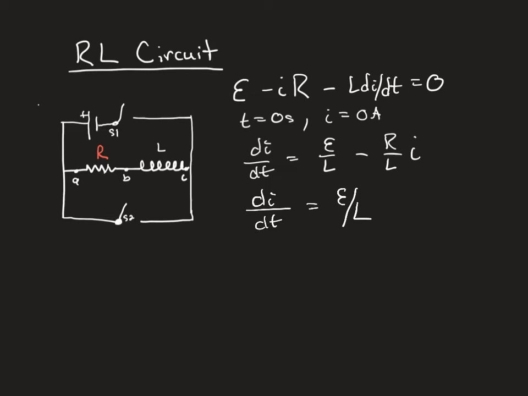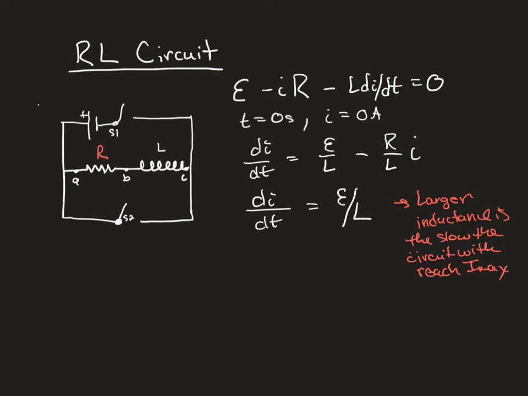And what this tells us is that the larger the inductance is, the slower the circuit will reach the maximum current.